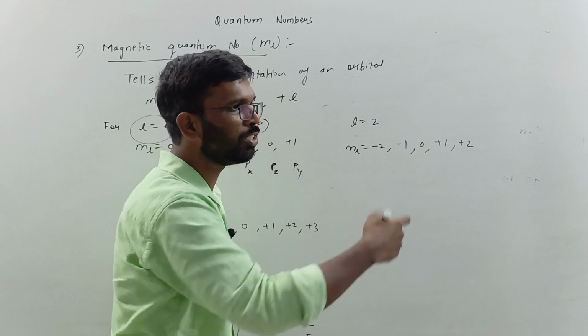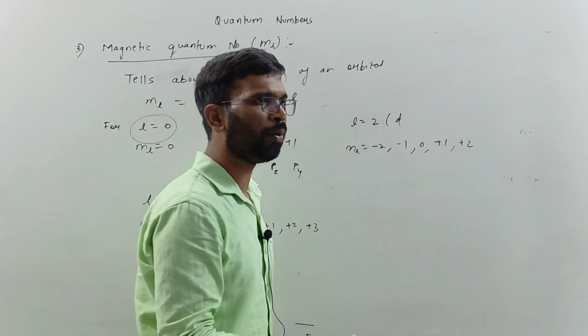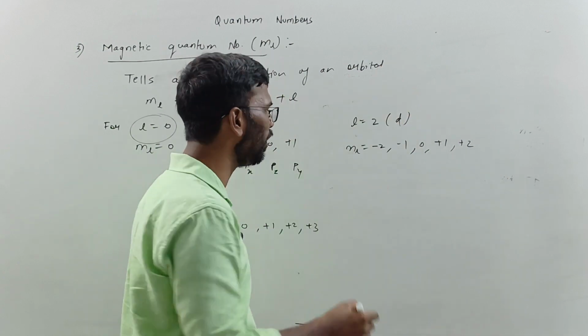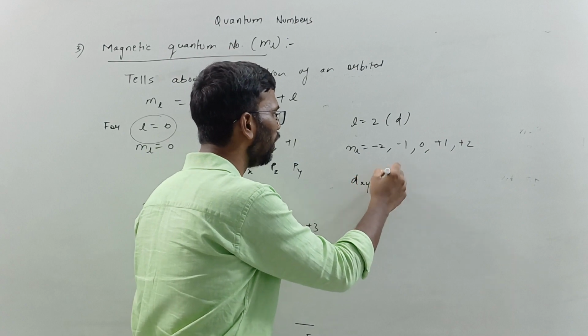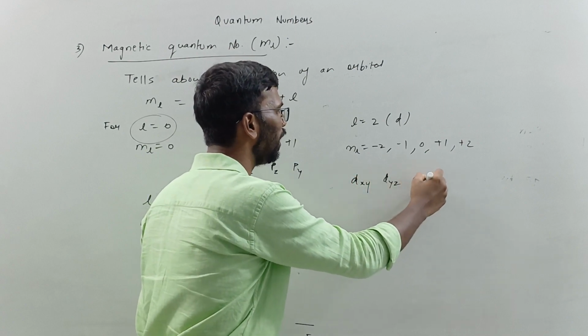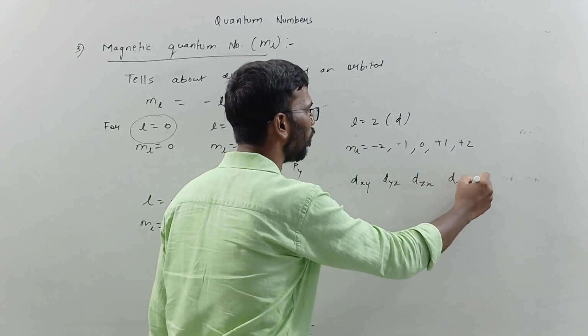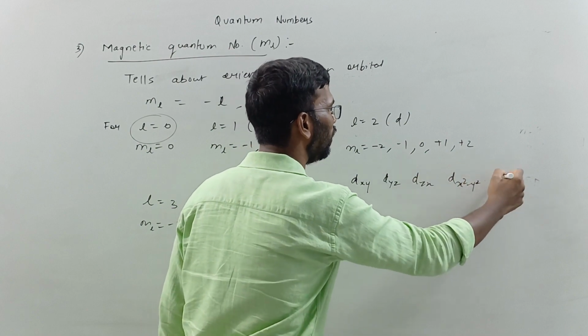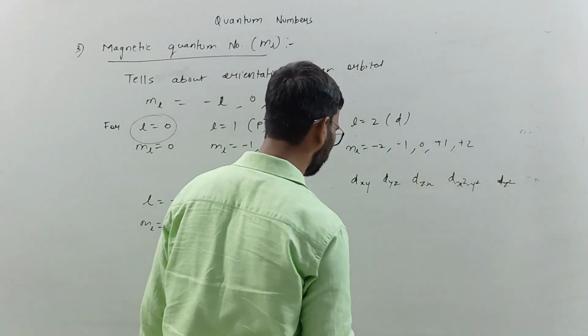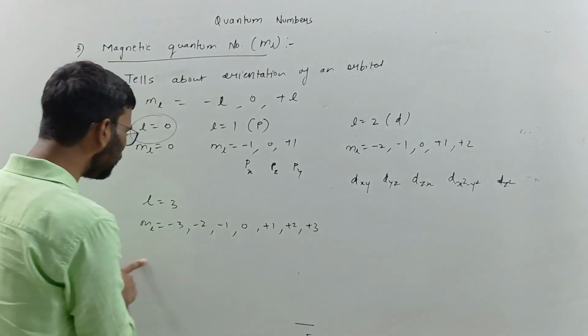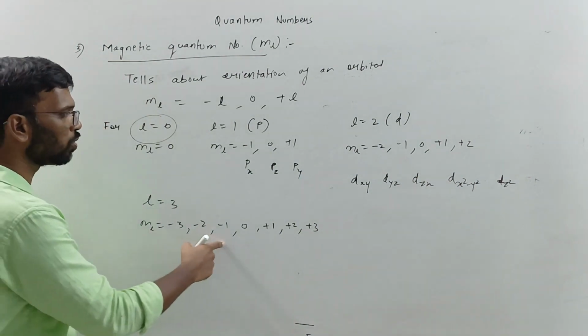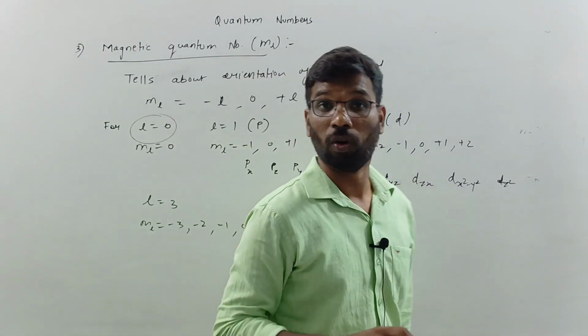Then l is equal to 2 means we are talking of the d orbital. d has 5 different orientations: dxy, dyz, dzx, dx square minus y square and dz square. And the f orbital has 7 different orientations.